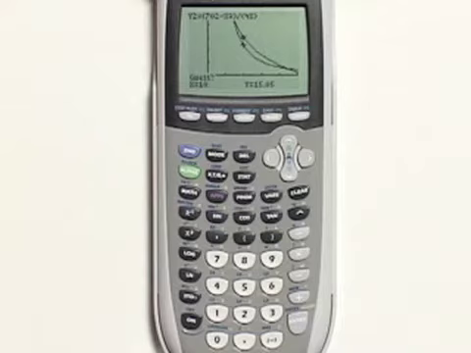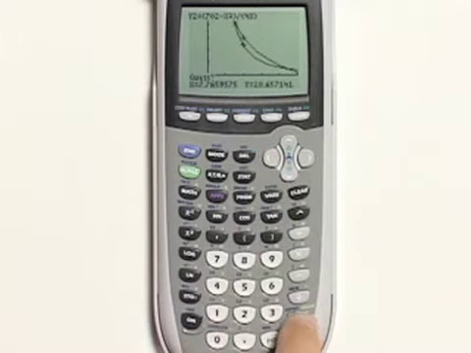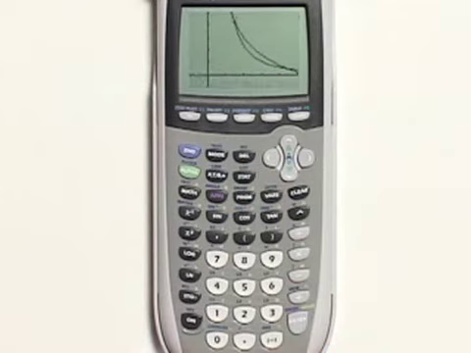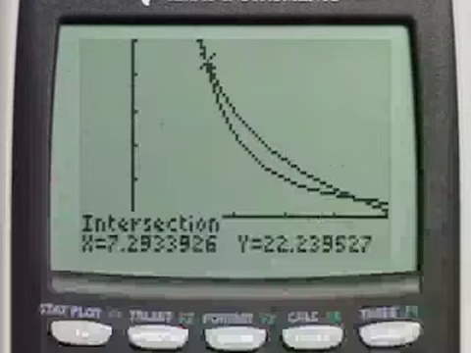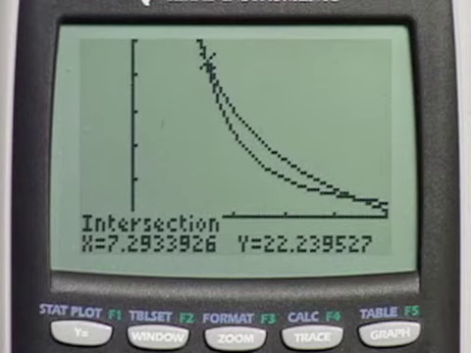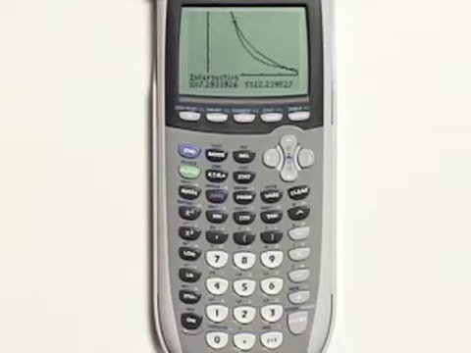Let's start with the one to the left, so let me move the cursor a little bit closer to that point of intersection with the left arrow key. Now press enter, and it comes up with the fact that the intersection occurs at x equals 7.2933926 and y equals 22.239527.